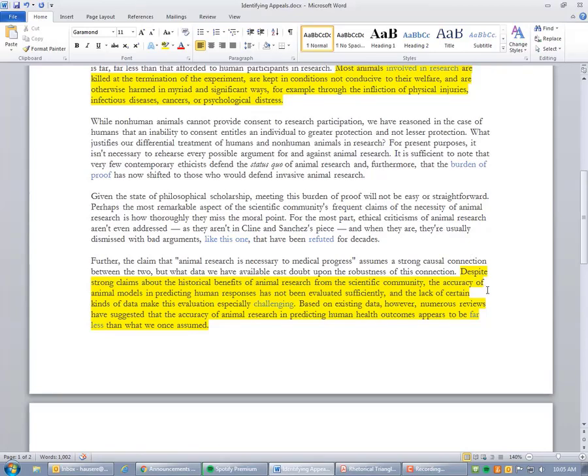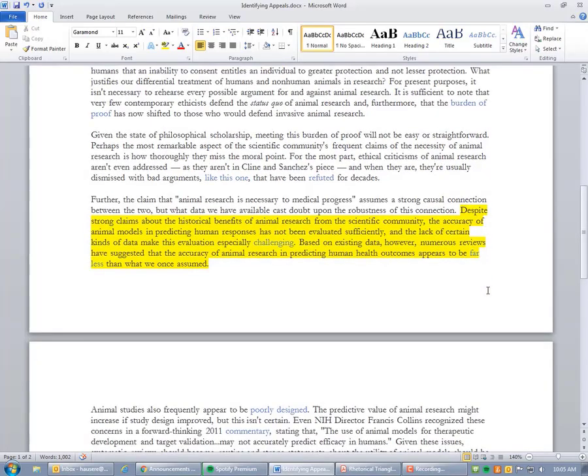All right, so I'm going to read this example of logos. Despite strong claims about the historical benefits of animal research from the scientific community, the accuracy of animal models in predicting human responses has not been evaluated sufficiently, and the lack of certain kinds of data make this evaluation especially challenging. Based on existing data, however, numerous reviews have suggested that the accuracy of animal research in predicting human health outcomes appears to be far less than what we once assumed.